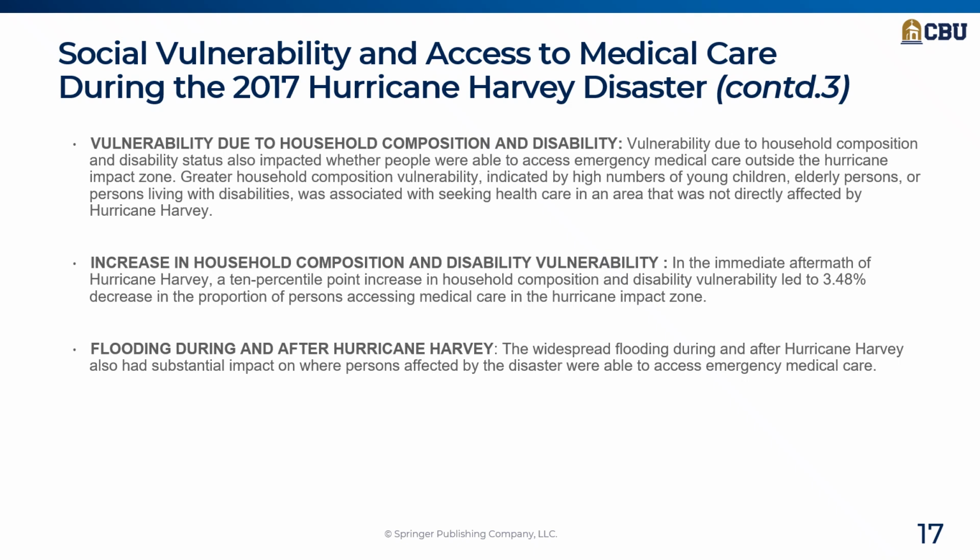Flooding further restricted access to care. Extensive flood conditions limited mobility and constrained where residents could seek emergency services. Together, social vulnerability and physical barriers shaped medical surge patterns, highlighting the need for disaster planning that accounts for both population needs and access constraints.